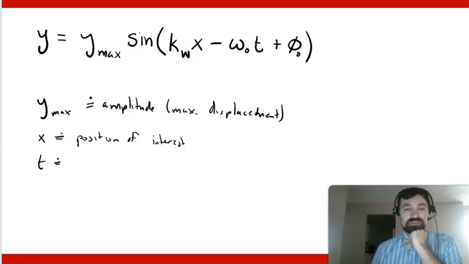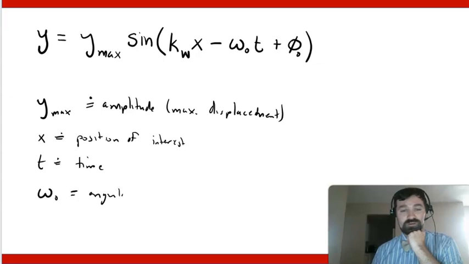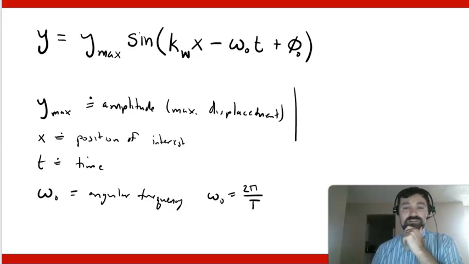T represents time. And then these other two, omega naught and phi naught, you're already familiar with. This would be angular frequency. So omega naught is given by 2 pi divided by the period T. And then phi naught is phase offset.